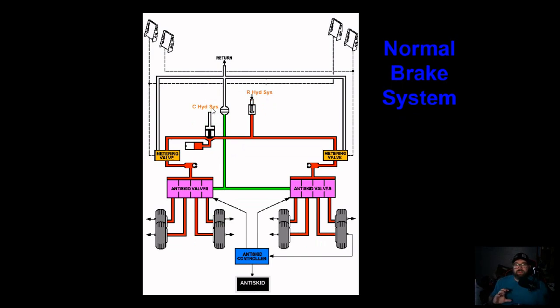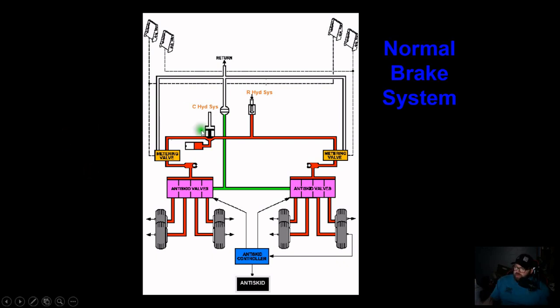That kicks in whenever the right hydraulic system loses pressure, and gives me my alternate brakes. Now, I haven't gone through the landing gear in any detail. That's going to be a different video, but this is just a quick breakdown of why we pressurize a certain way.